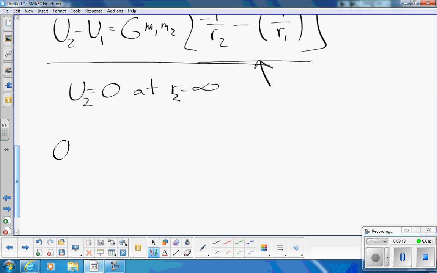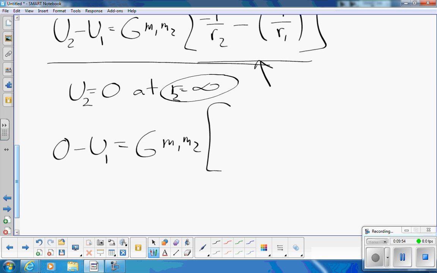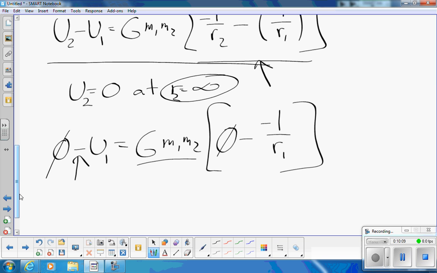So I have 0 minus u1 is equal to G m1 m2 times, okay, I've got negative 1 over r2, but if r2 is approaching or is infinity, negative 1 over r2 becomes 0, and I have minus negative 1 over r1. And so now my zeros are toast, and I have negative u1 equals all this junk times negative 1 over r1. So one of those minus signs goes bye-bye.